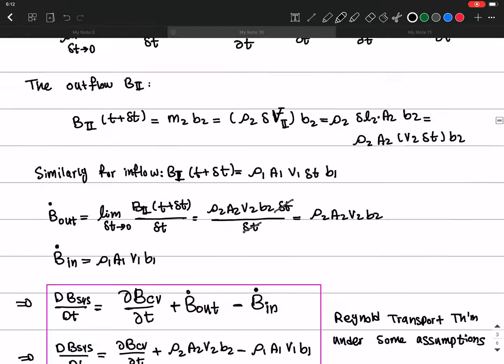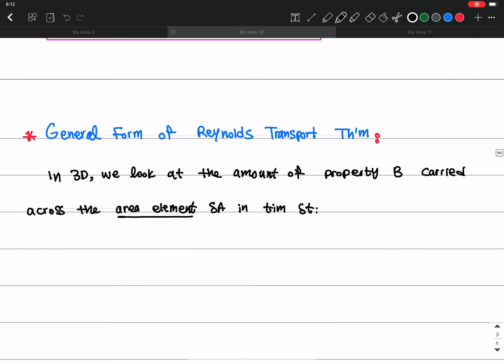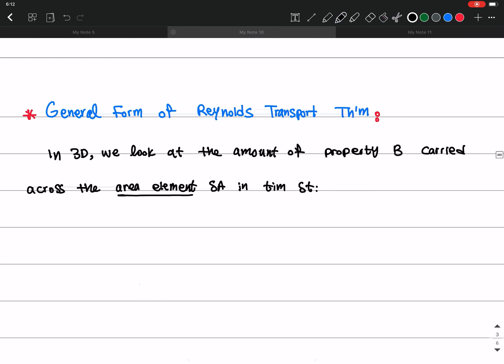Let's look at it. Here we had a one-dimensional case, right? And how does this look in a 3D form? In a 3D form, say we have an area element delta A like this.